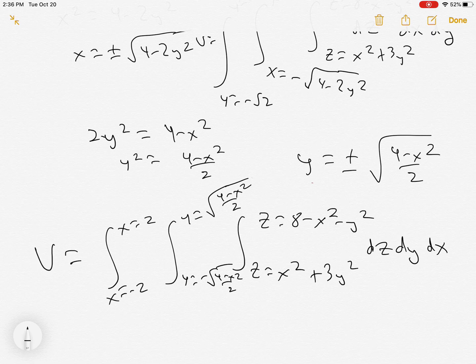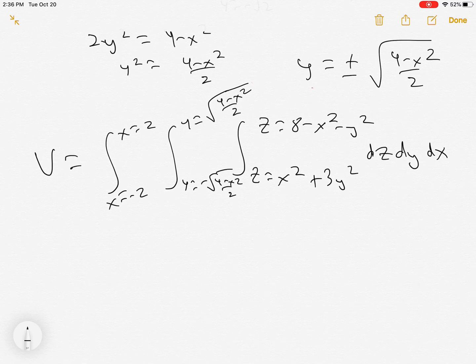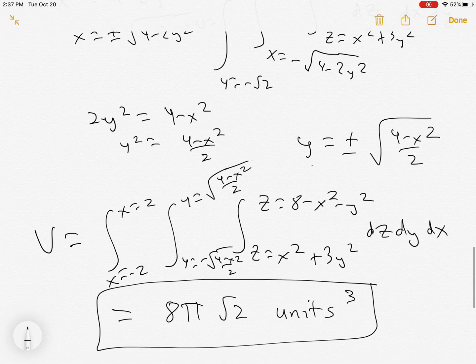And this gives us the volume. And, you know, you have to run this thing out, which takes a while. And your final answer is 8 pi square root of 2 cubic units. Yeah, it takes quite a while, but as long as you stay organized, it comes out just fine. And I don't think one is any easier than the other.